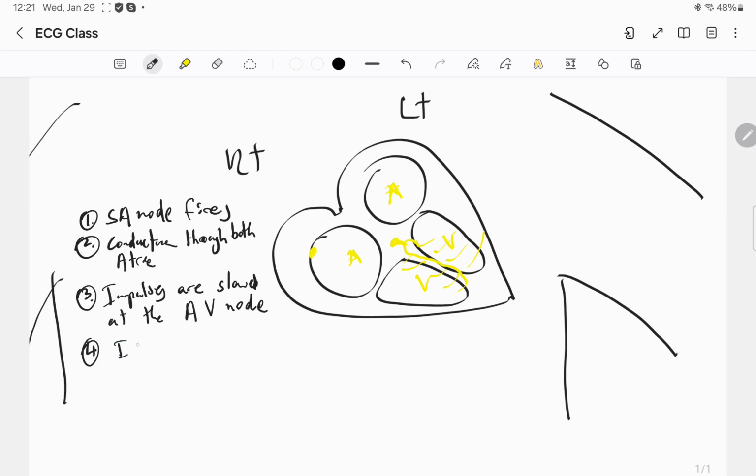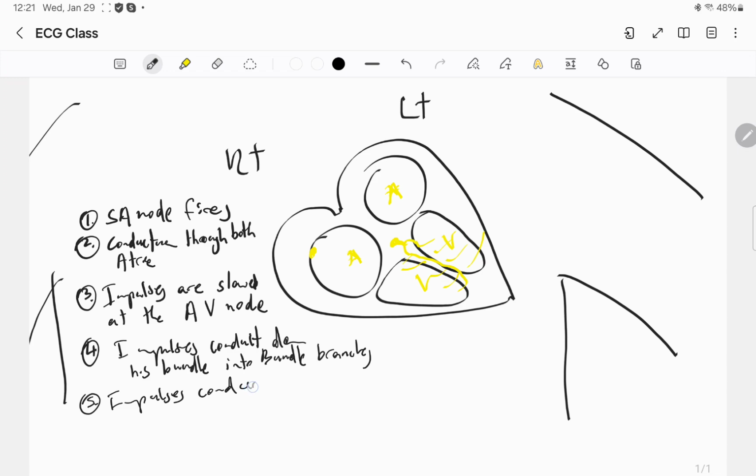4, impulses conduct down His bundle into bundle branches. 5, impulses conduct through the Purkinje to ventricular myocytes.